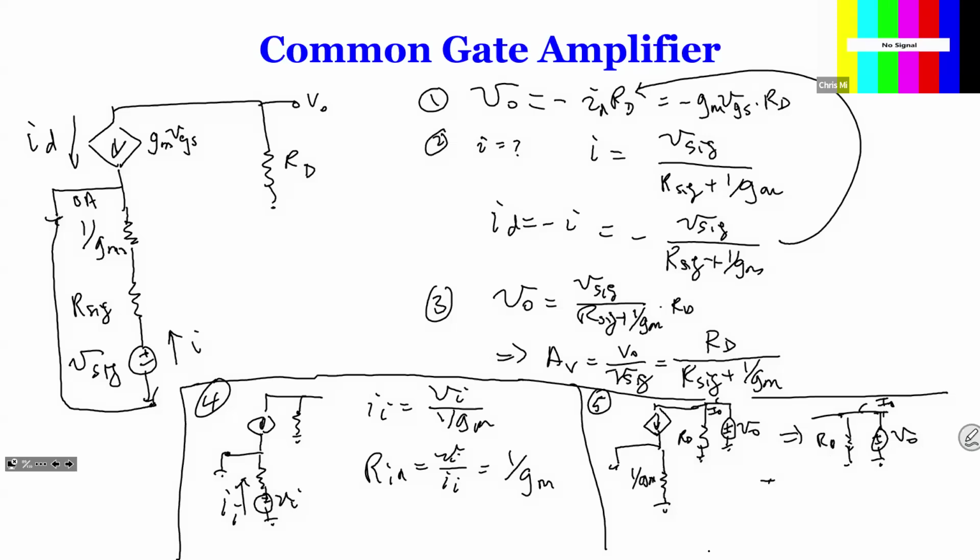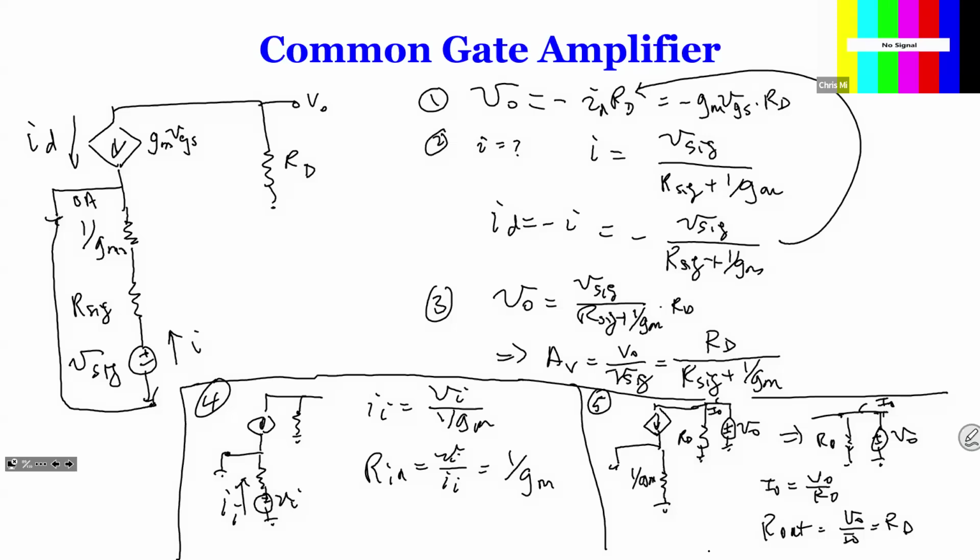Therefore your IO will be VO divided by RD, and your output resistance, VO over IO, equals RD. So in this case, your output resistance is simply RD, and your input resistance is 1 over GM. So that's this common gate amplifier.